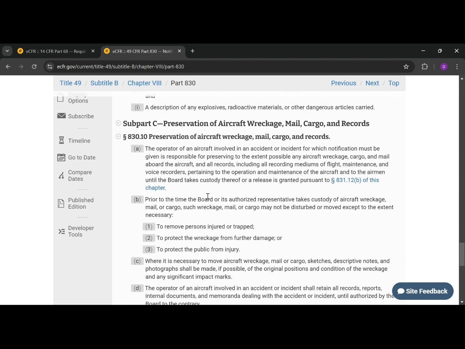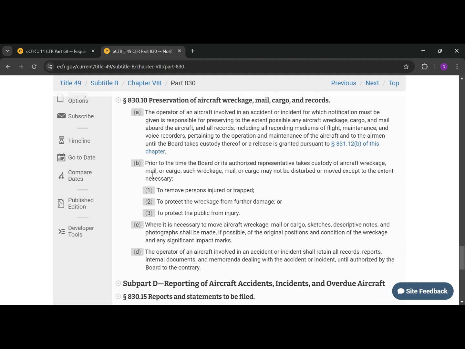So this is saying you are responsible for protecting that aircraft wreckage, mail, cargo, and records until the board takes custody of that wreckage. Prior to the time the board or its authorized representative takes custody of aircraft wreckage, mail, or cargo, such wreckage, mail, or cargo may not be disturbed or moved except to the extent necessary.